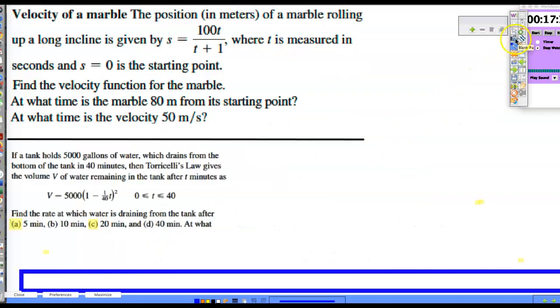In this particular case, I would like for you now to take some time and work on a couple of problems. Let's do a pause on the video and work the problems. I would say 10 to 15 minutes.